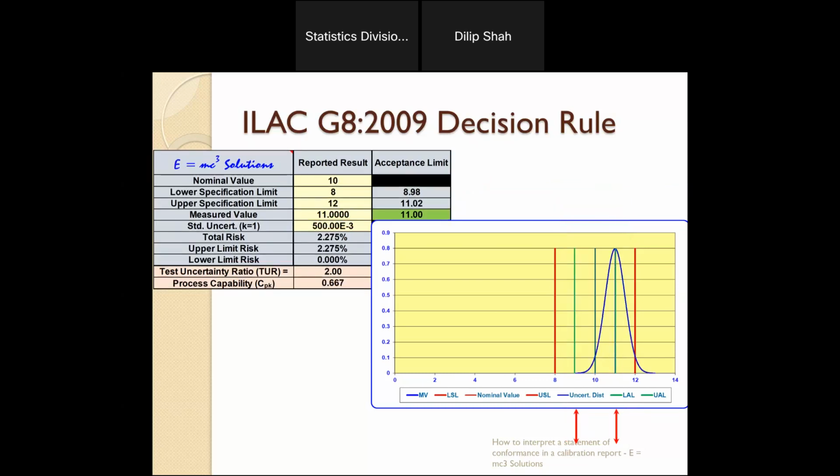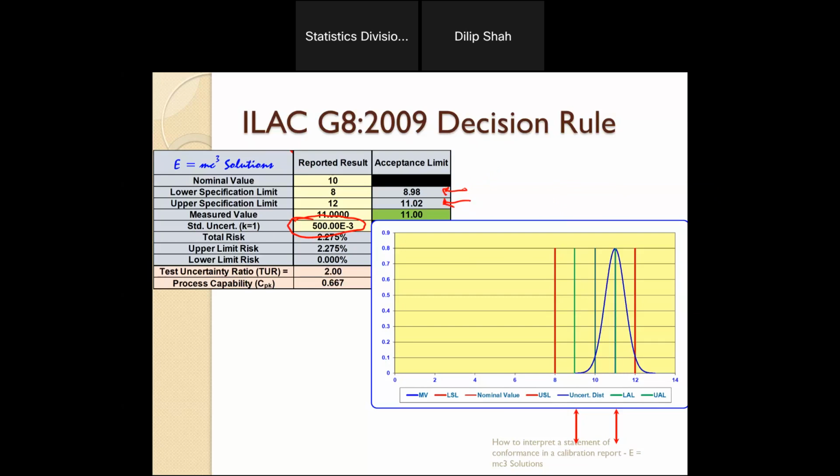Now, same measurement at 11, except I use a different calibration supplier. The uncertainty is double what I had. Now my acceptance limits are different because it subtracts the uncertainty.